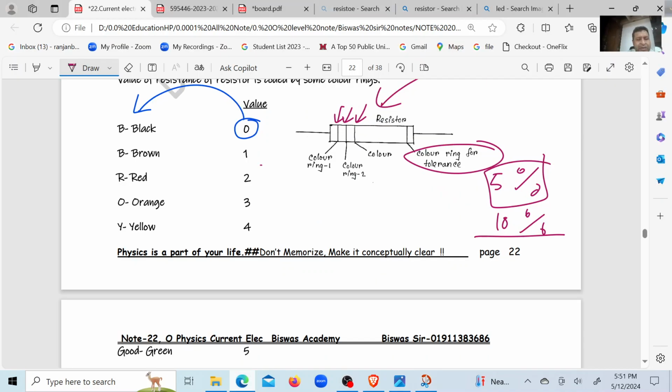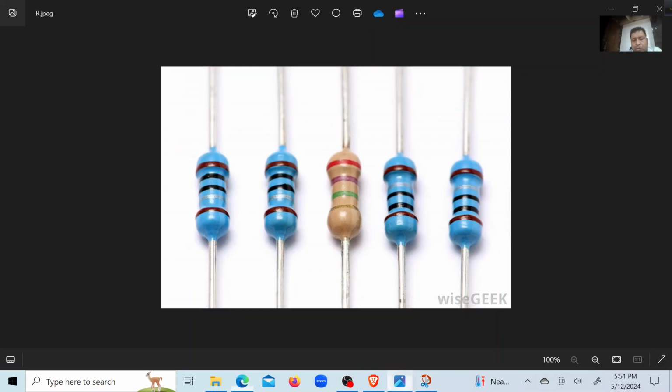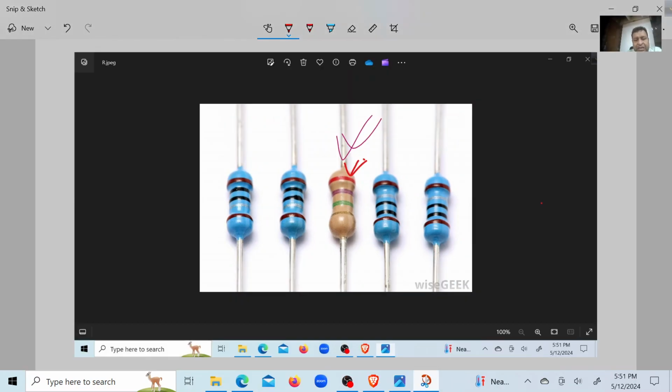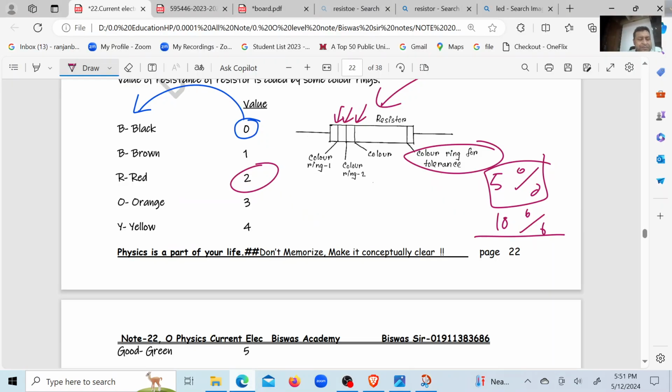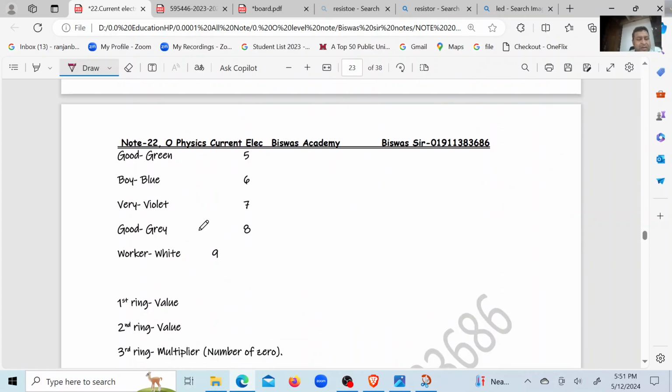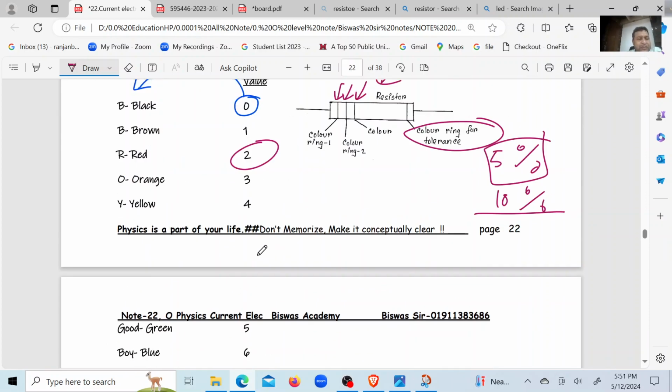Go to the table, red is 2. Okay, so for this one, the first color is red, so it is 2. Second one is violet. Go to the table, violet, where is it?